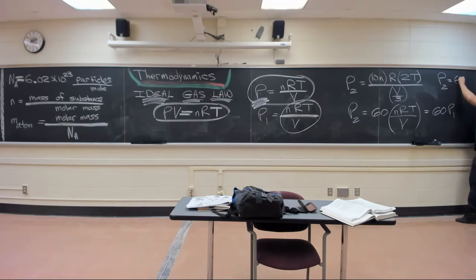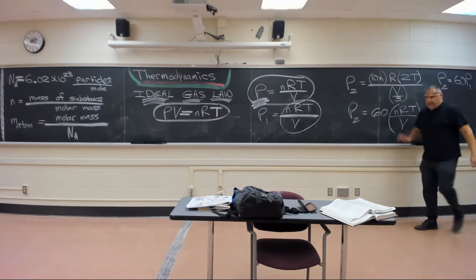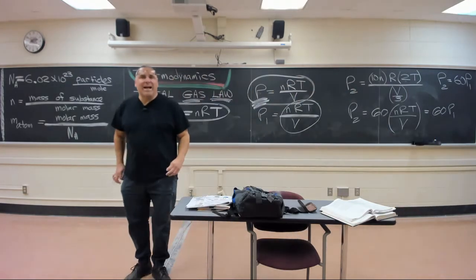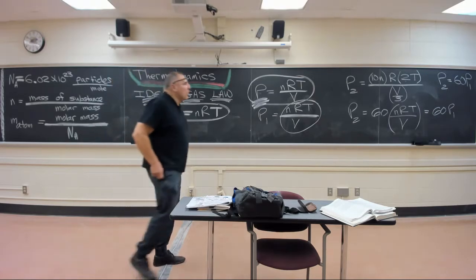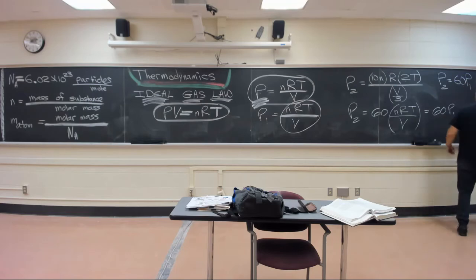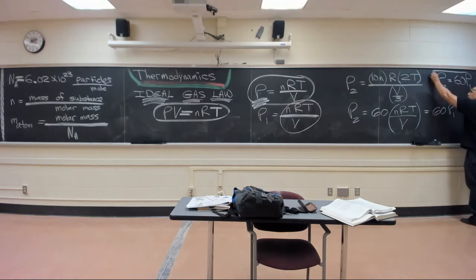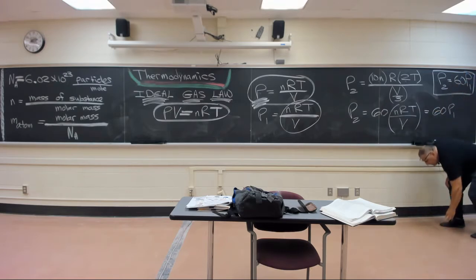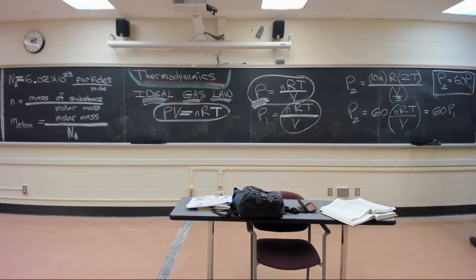Let's just be hypothetical here. I'm not going to get into all the practicalities of how strong the material's got to be. That's not our problem right now. We're doing a mathematical mind experiment here, trying to see how the whole thing plays. Let's say everything's reasonable. 60 times the pressure.